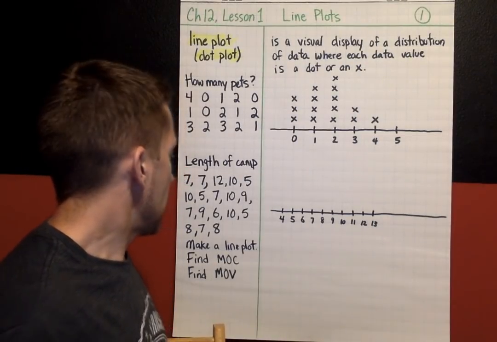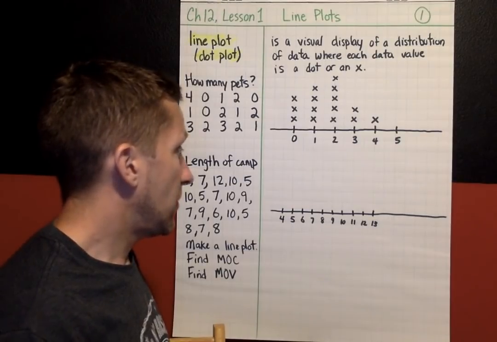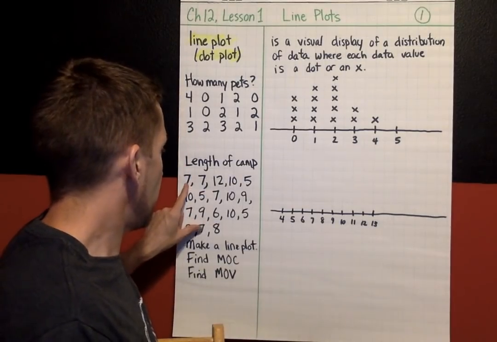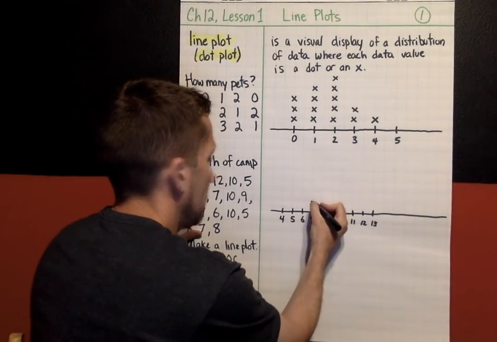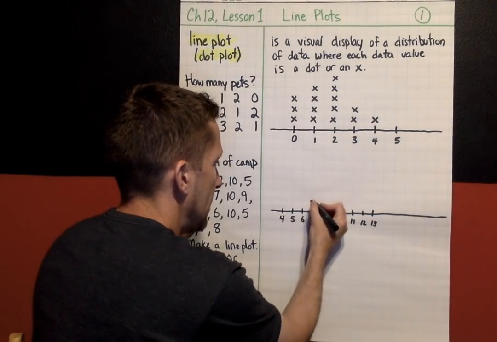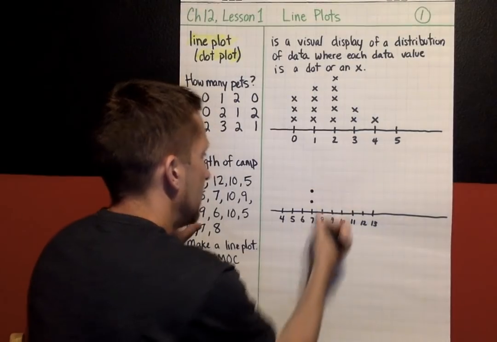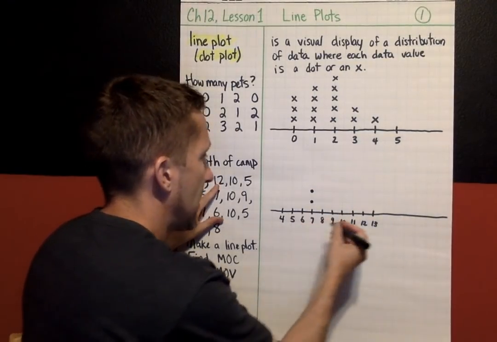Okay, so just like I did before, I'm going to go through my numbers very carefully. So 2 7s. This time I'm going to use a dot instead of an X. So 2 7s, I've got a dot here, I've got a dot here. 12, 10, and a 5.